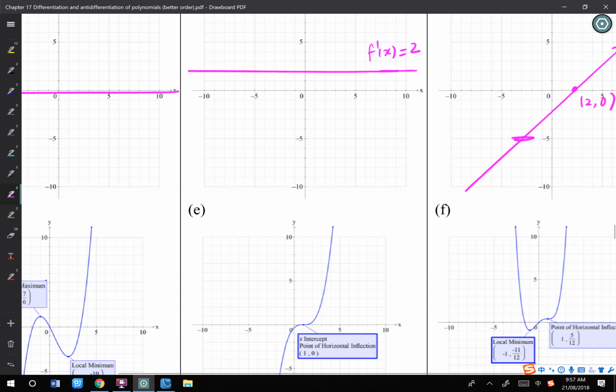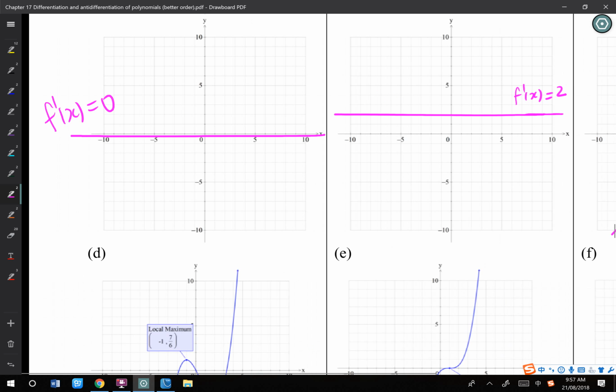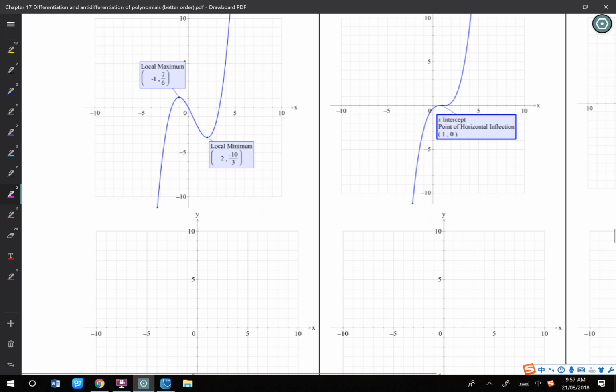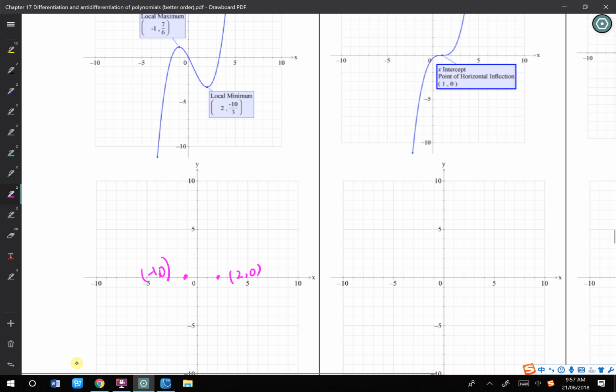Okay, next one. That's a cubic. So I will have minus 1, 0 and 2, 0 as my x-intercepts. Well, the scale is really bad. It's too tiny. Do I have an increasing quadratic or decreasing quadratic? Increasing. Okay, increasing.